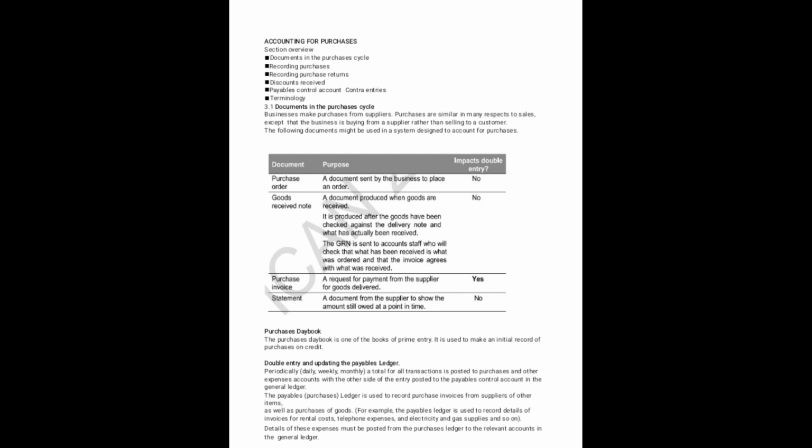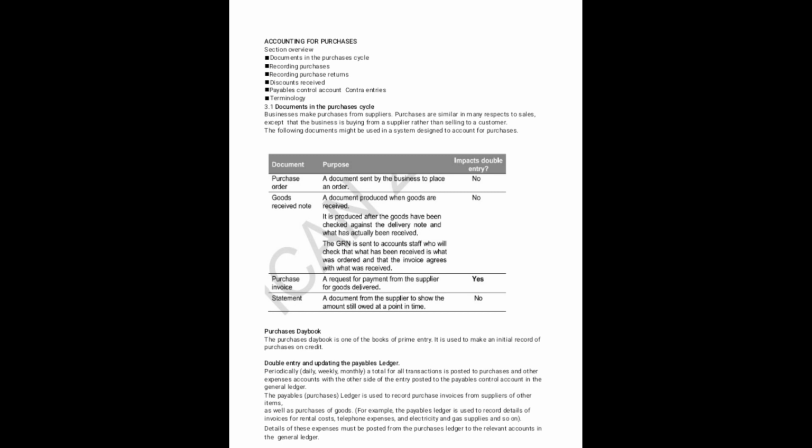Under accounting for purchases, we are going to look at the documents in the purchases cycle, the recording of purchases, recording purchases returns, discounts received, and the payables control account. But actually the control account will be treated as a separate topic, so I didn't take it as part of this note. So let us look at some of the documents in the purchases cycle.